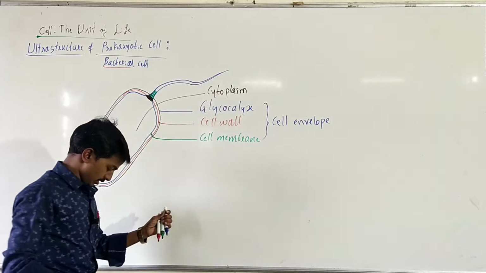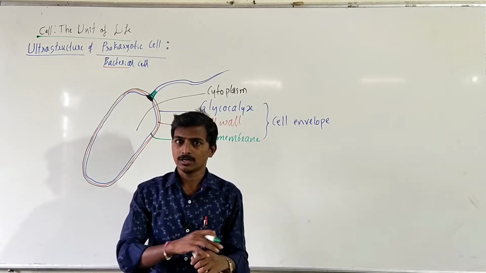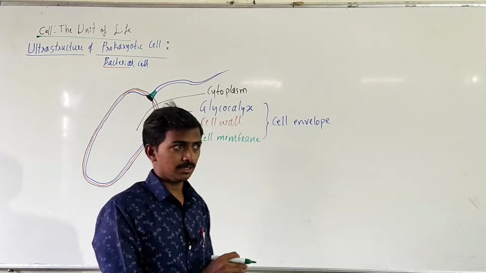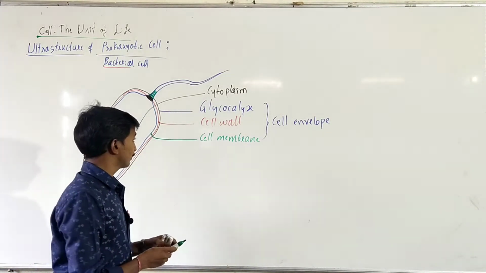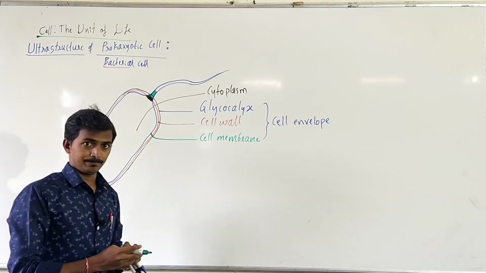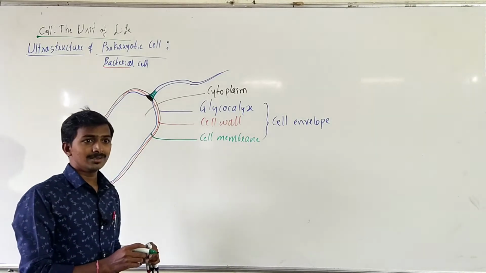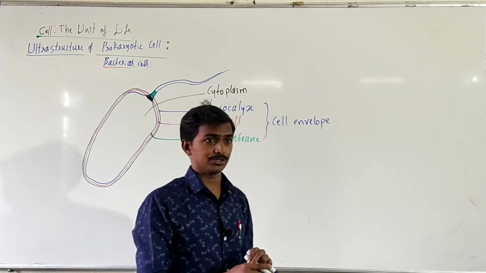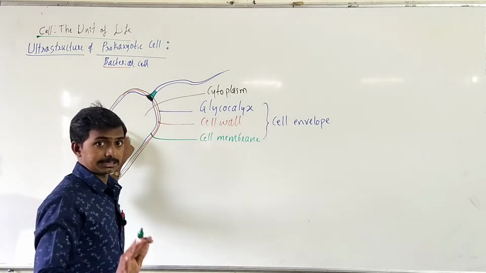Just like the eukaryotic cell, the prokaryotic or bacterial cell also has a fluid matrix inside the membrane, known as the cytoplasm. Inside the cytoplasm we have many cellular components, but we cannot call them cell organelles.